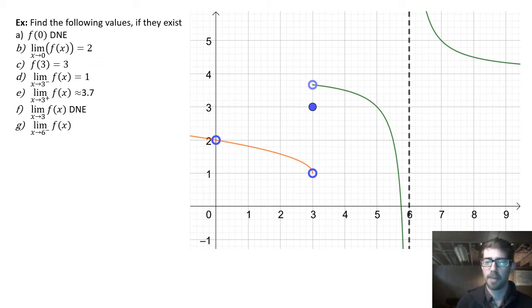Okay, so if we're coming to x equals 6 from the left, that vertical dotted line there implies an asymptote, in case it wasn't clear. If you see that, I meant that to be a vertical asymptote. If it's an asymptote, the easiest thing is just to say that the limit doesn't exist. That would be correct.